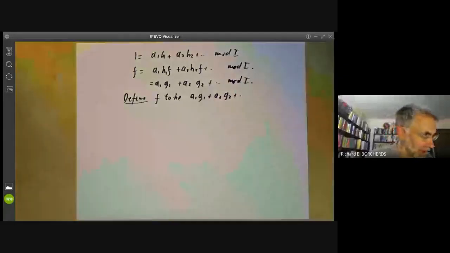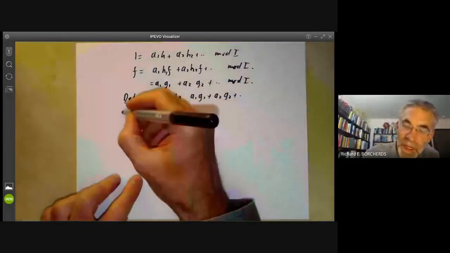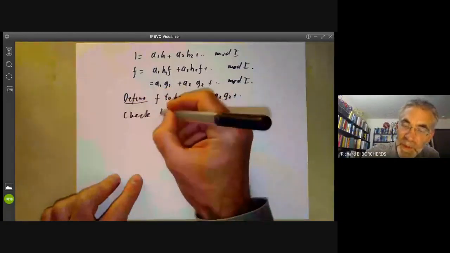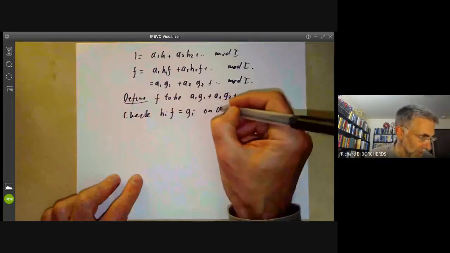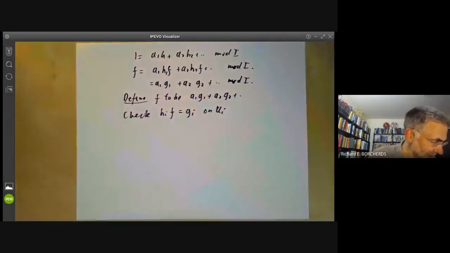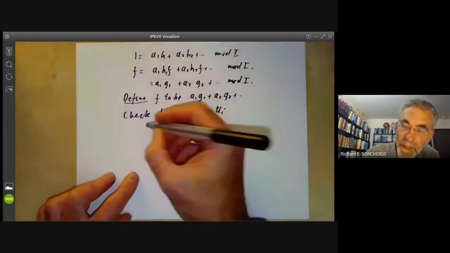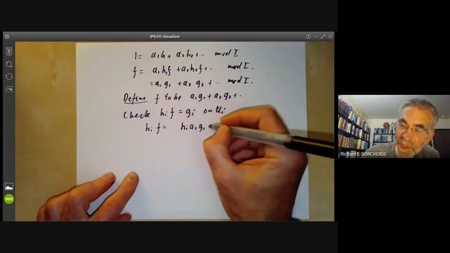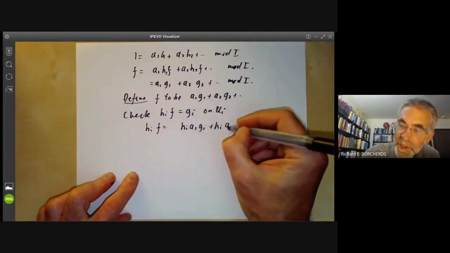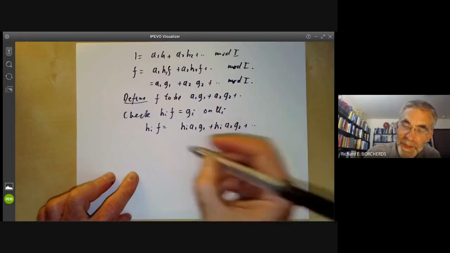And now we should just check that defining F in this way does actually have the properties we want, and this is pretty trivial because we want to check that hi F is equal to gi on Ui, and this just follows because hi F is equal to hi a1 g1 plus hi a2 g2 and so on.